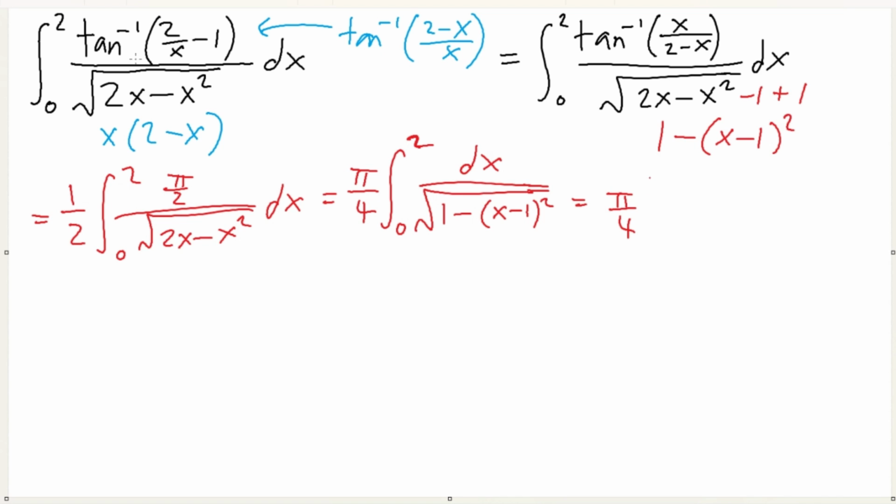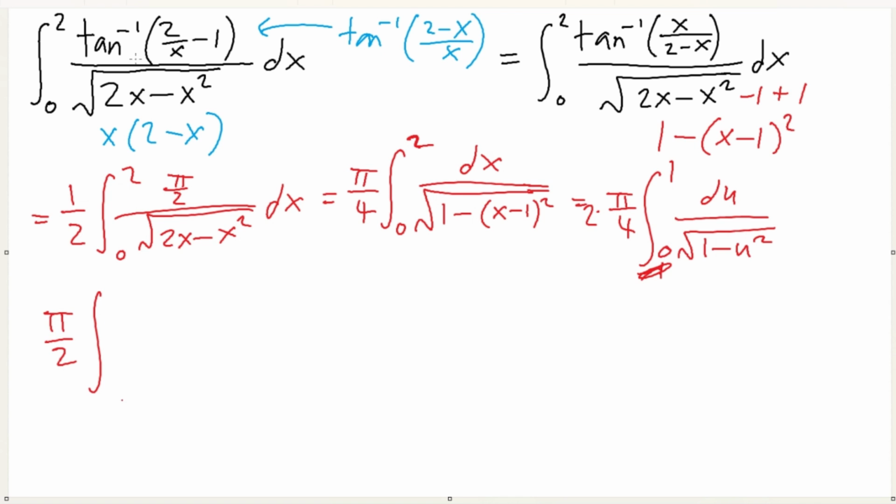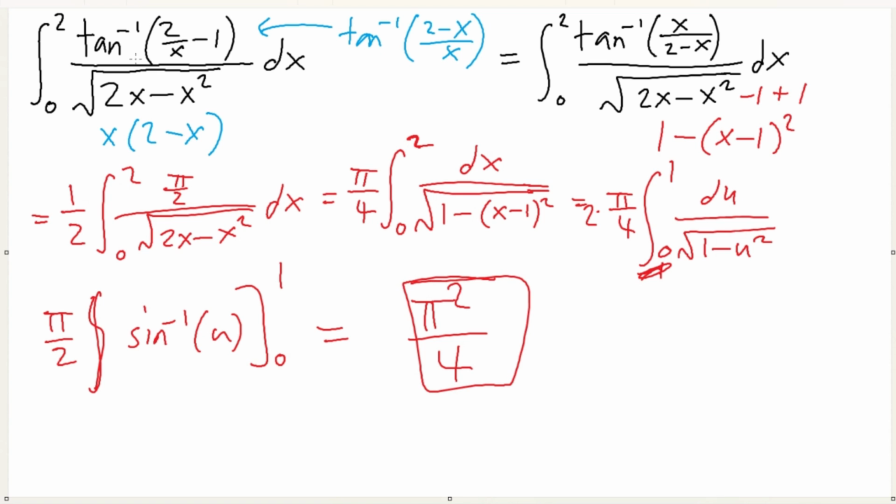If we do u substitution, du over the square root of 1 minus u squared, negative 1 to 1, symmetry, times 2. This gives us pi over 4 times 2 of inverse sine of u, 0 to 1. This gives us pi squared over 4 as our answer.